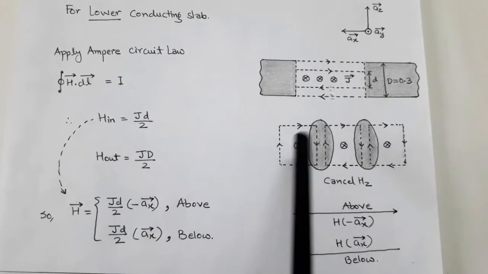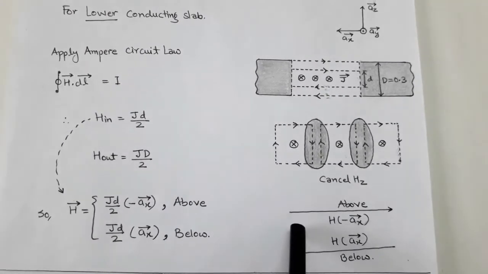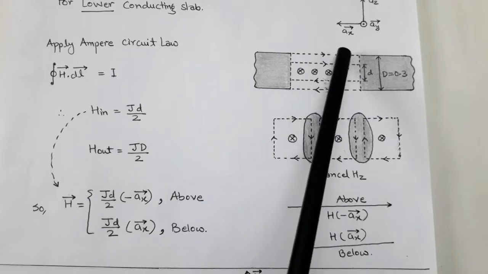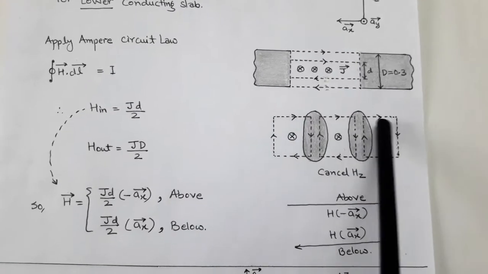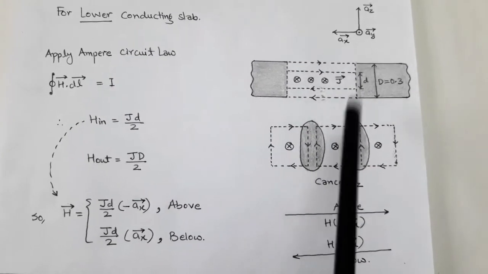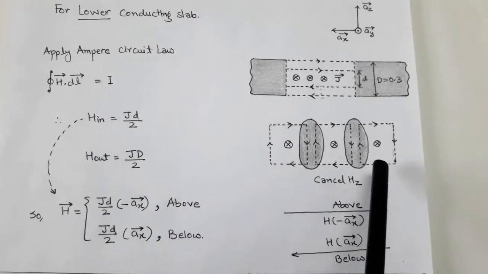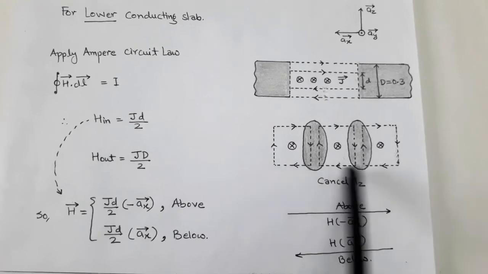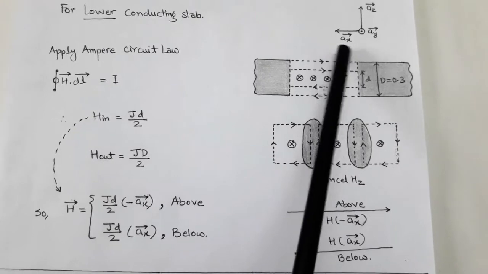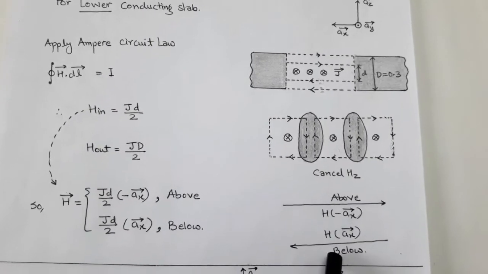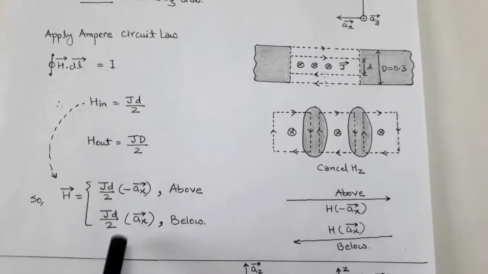In this lower conducting slab we find that at the above surface the magnetic field intensity H has a direction towards the negative direction of unit vector x, and below this we find that the direction of H is towards the positive direction of x.